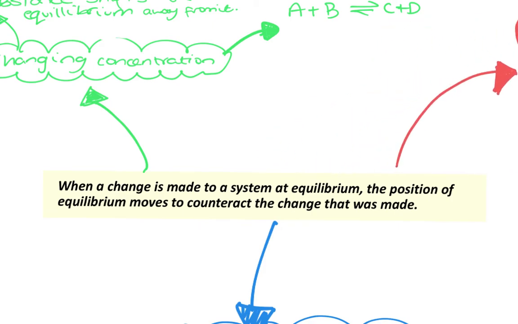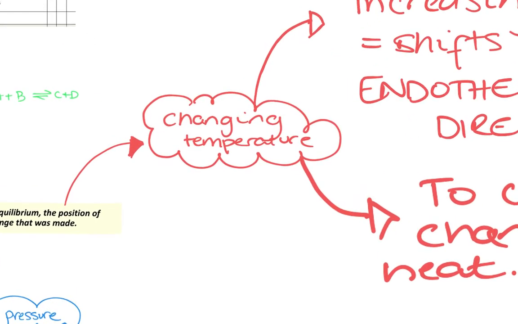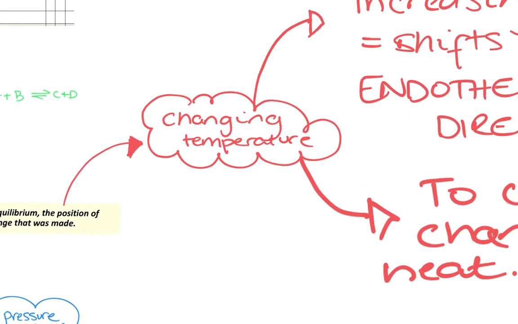So first of all, let's look at changing the temperature. So when I change temperature, I am going to favour one of the directions in the reversible reaction. And that all depends on whether the forward or backward reactions are endo or exothermic.